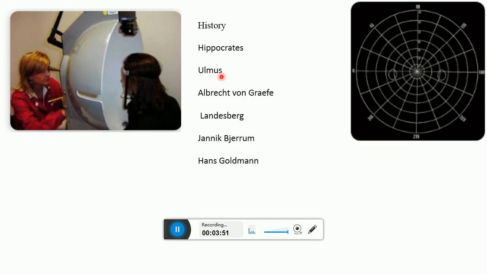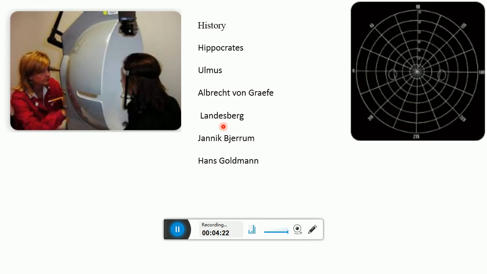Von Graefe was the first to publish visual field defects that are characteristic of glaucoma as known today. However, he attributed the field defects at that time to amblyopia due to lack of knowledge about glaucoma. Then Landsberg was the first to describe the arcuate defect of glaucoma, the field defects corresponding to the arcuate-like arrangement of the axons emerging from the optic disc.